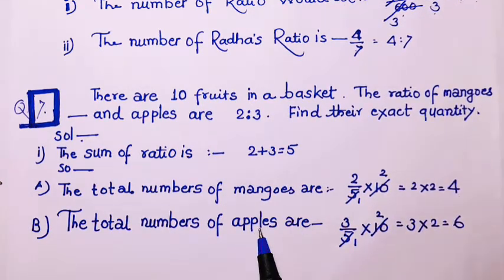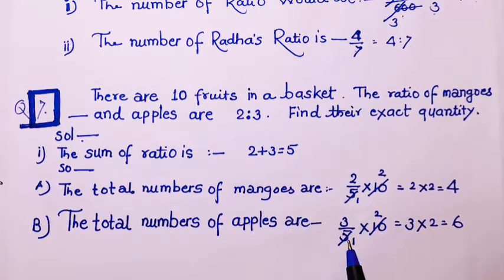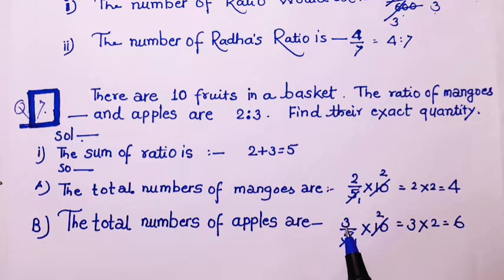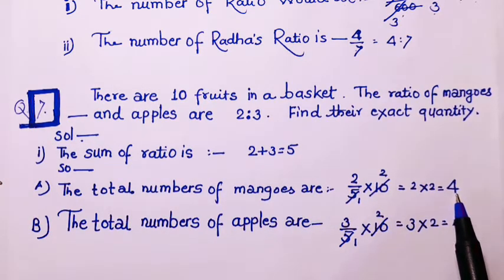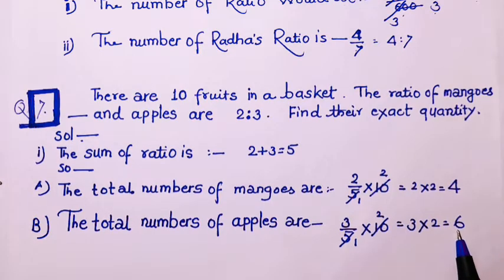The total number of apples is 3 by 5. Here 3 is the particular part of apples and 5 is the total sum of the ratio, into the whole amount. So finally we get 6. It means there are 4 mangoes and 6 apples.